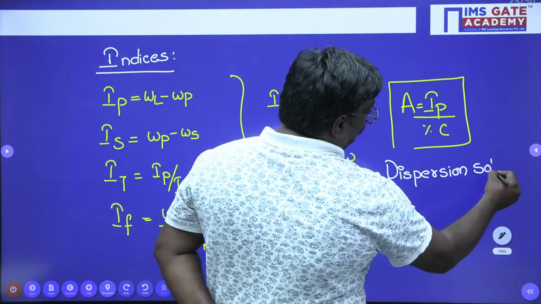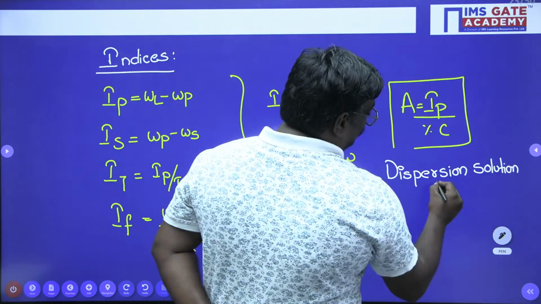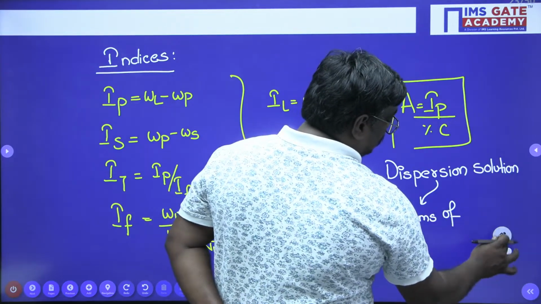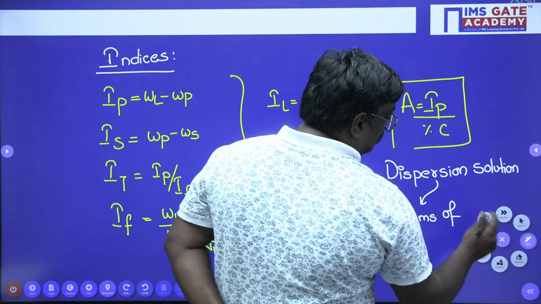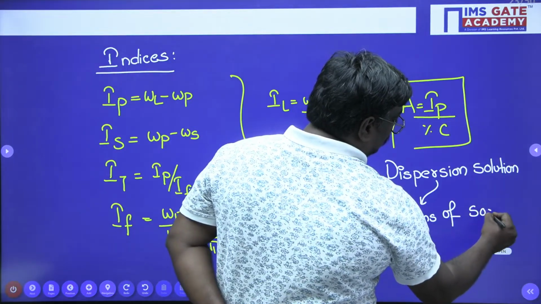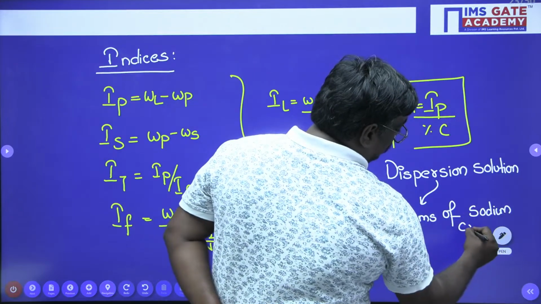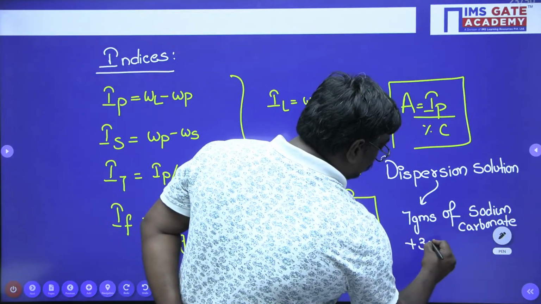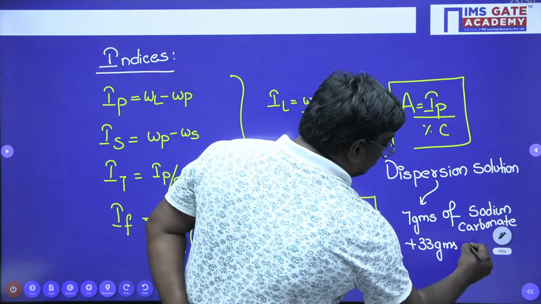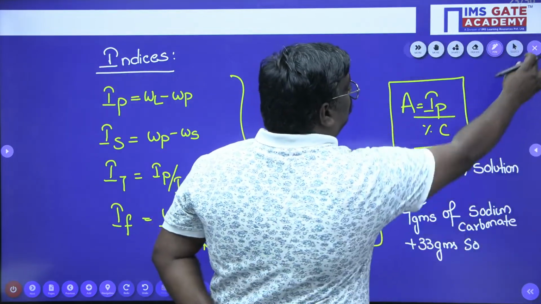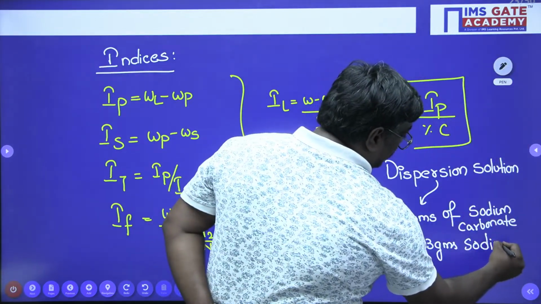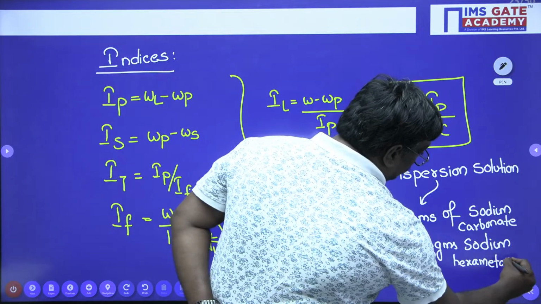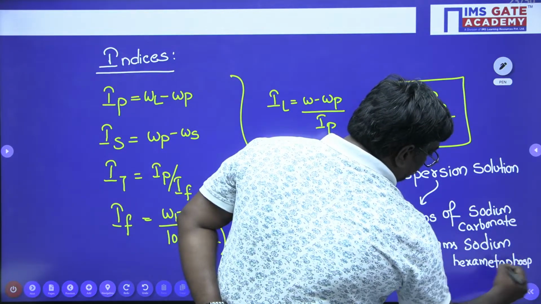What does the dispersion solution contain? The dispersion solution contains 7 grams of sodium carbonate and 33 grams of sodium hexametaphosphate. So please take this screenshot, students.